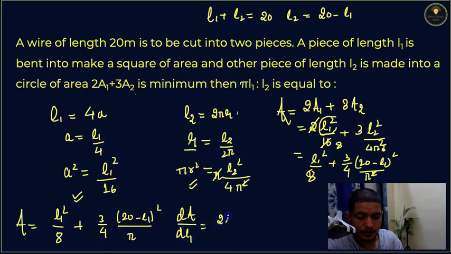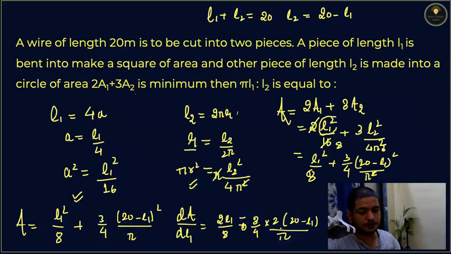So here you will write 2L1 by 8. For this one, you will write 3 by 4 into 2 times minus of 20 minus L1, and here you will write pi. We can cancel this value; 2 fours are 8.